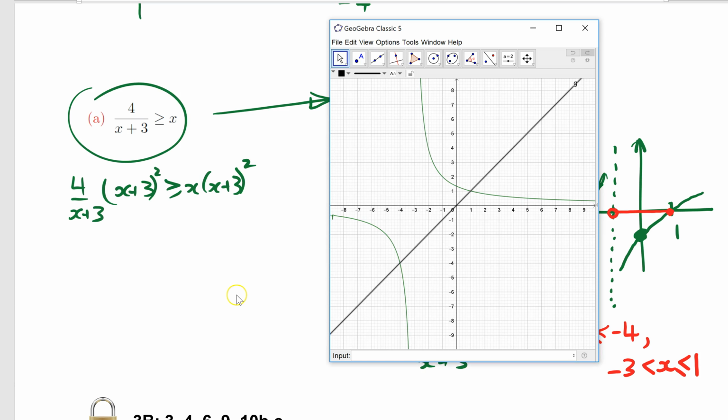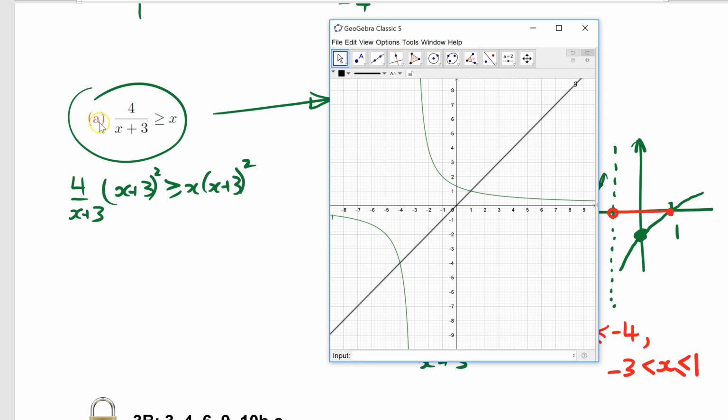And finally, a little teaser for you. Right towards the end of this chapter, we look at different ways of using graphs, but this is a good question to look at. If I look at the graph of 4 over x plus 3, then that's this hyperbola here in green, with a discontinuity at x equals -3. And I look at the graph of y equals x, that's our black line here.